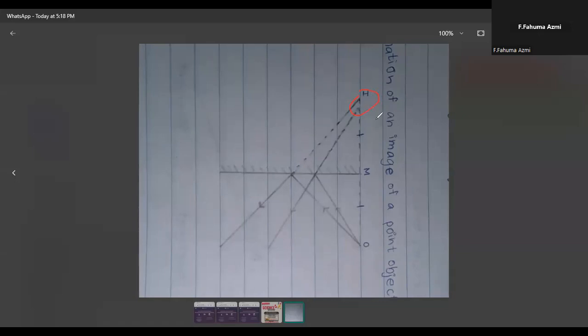So that is a mistake here. Correct it, draw the diagram again, where both the rays should be meeting up together on the line. Okay. Fine. And go to the next one.